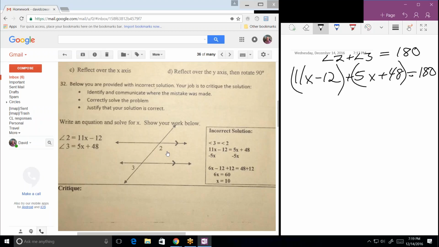Now, you might have to take that a step further, but I don't know. In other words, you see the angle that's vertical to 2? Well, excuse me, see the angle that's the linear pair to 2? This one right here, let me point at it. Can you see where I'm pointing? Yeah, I do.